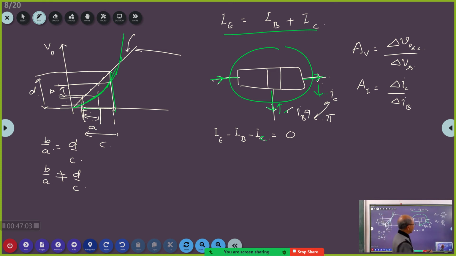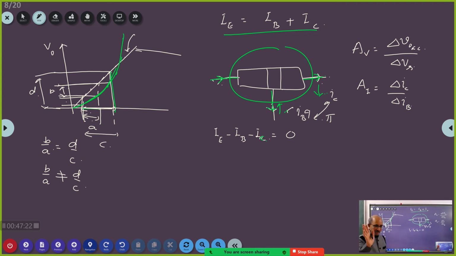Sorry, delta IS. But IS is in IB, so I can write it as IB. I am taking IS as IB. IB plus IS, IB is fixed. See, when I am writing here only signal variation, I am not talking about the constant variation.